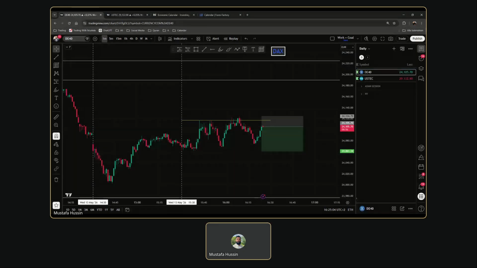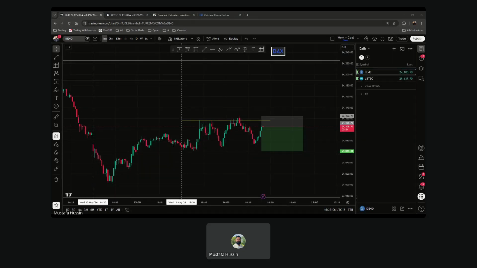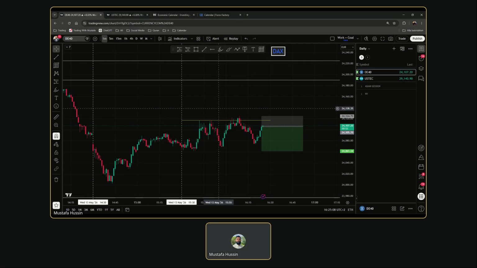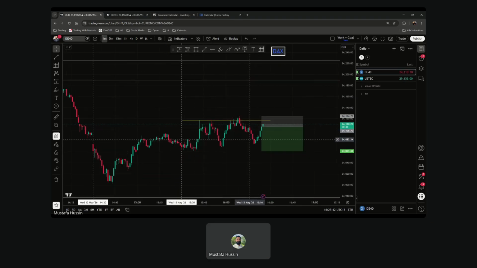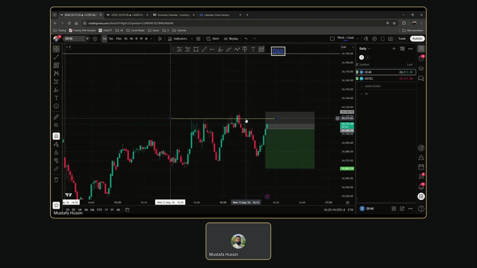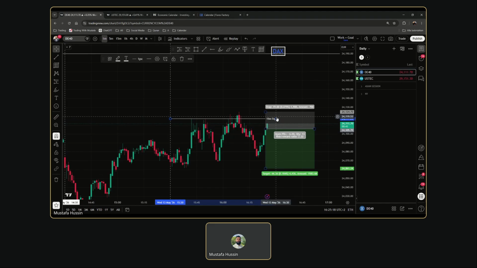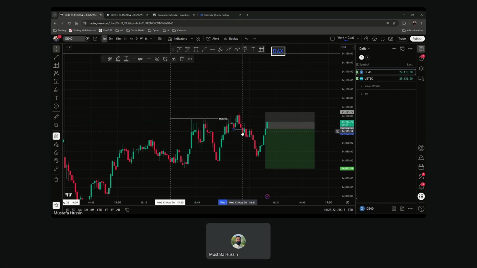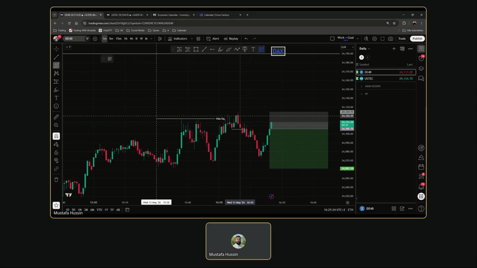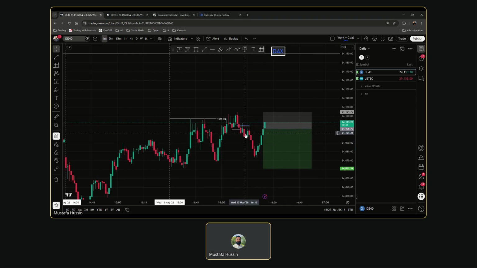This might either take me out real quick or continue to the downside. The reason for this: we are in a bearish trend, and liquidity has been swept right here on the 15-minute, and this is an entry I missed right there. Break of structure, clean fair value gap reaction right there, and then it continued to the downside.